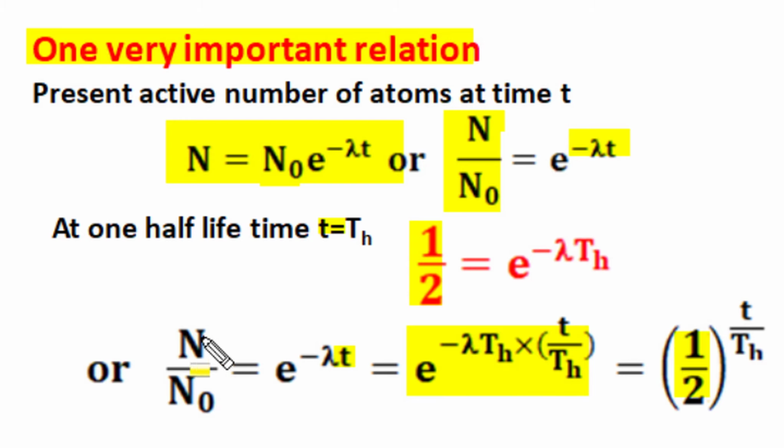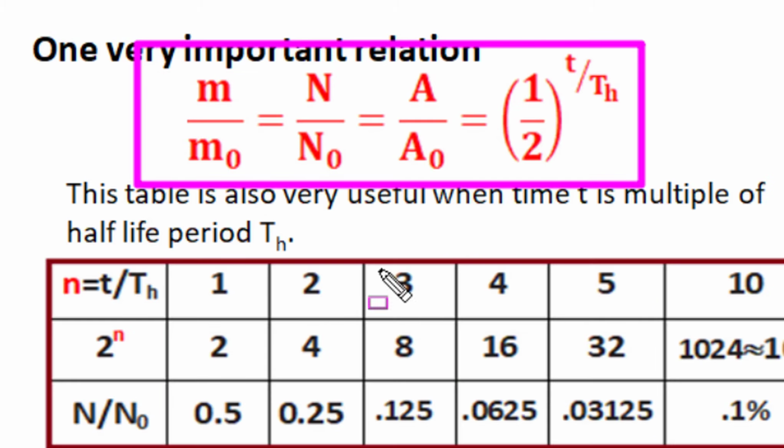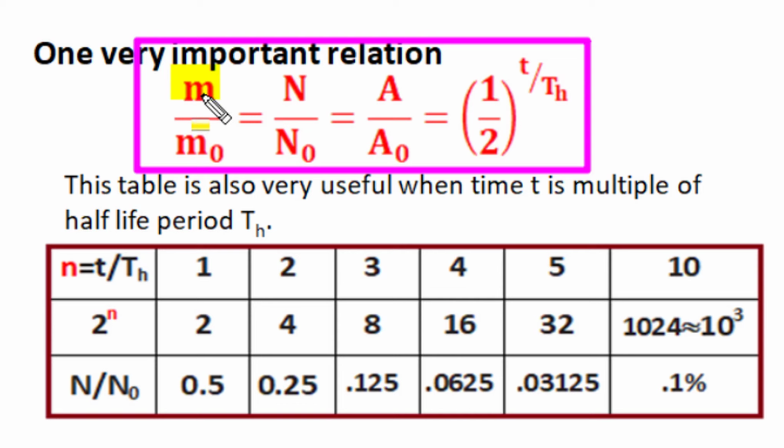So we can say the present number and initial number at any time t, if T half is the half-life, is half raised to power t over T half, and this mathematical expression can be written as the present active mass of a radioactive substance to the initial mass of that substance, or the present active number of radioactive nuclei to the initial number of radioactive nuclei, or the present level of activity or rate of disintegration to the initial rate of disintegration or initial activity, as half raised to power T over T half, where T half is the half-life of the radioactive substance and T is the time of present calculation.